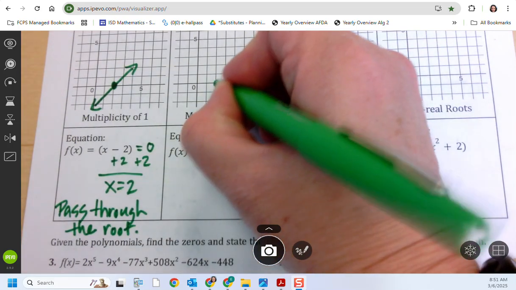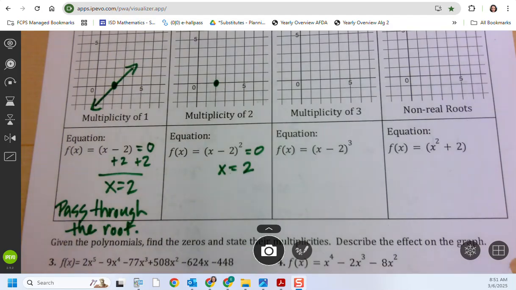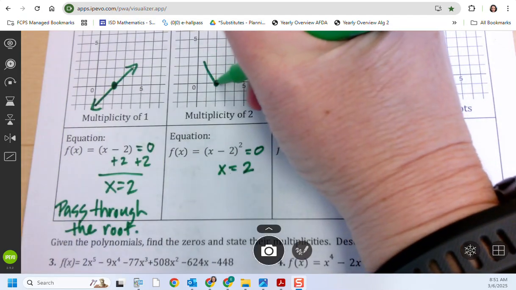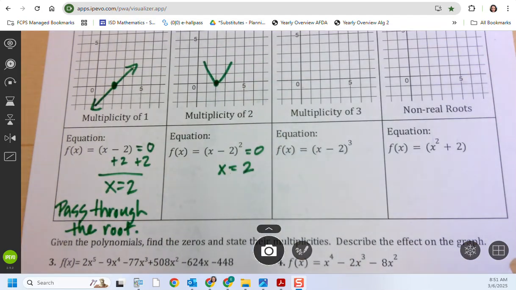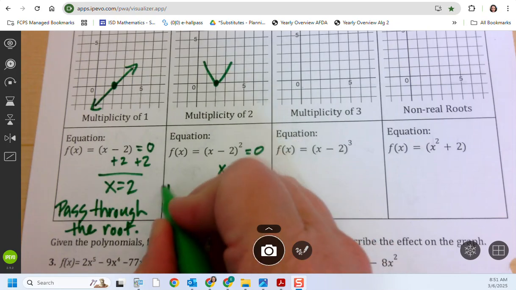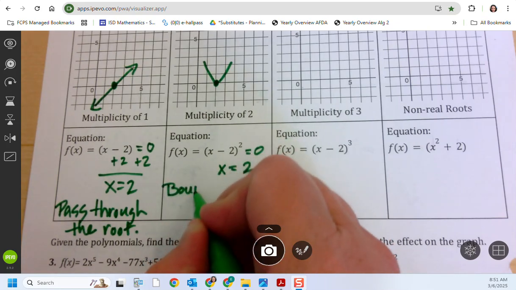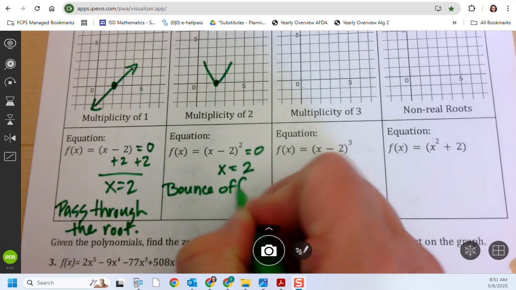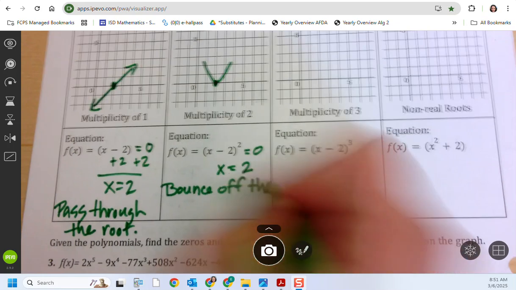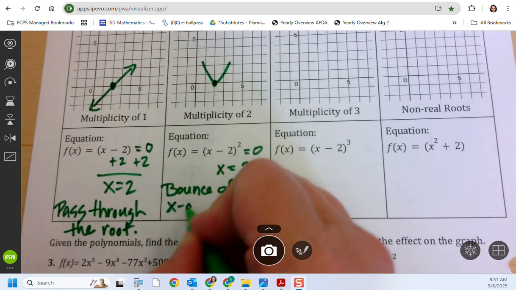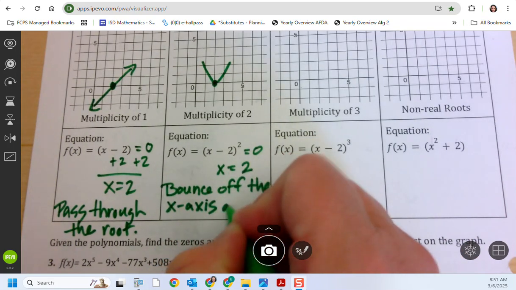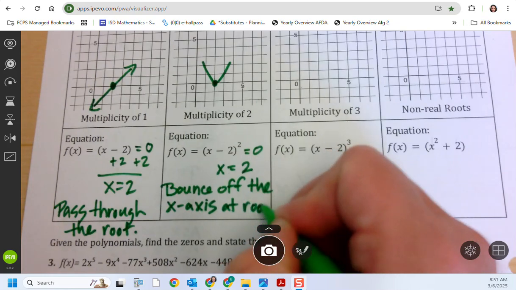So you still have a 0 at 2, but the behavior is that we bounce off the x-axis at the root.